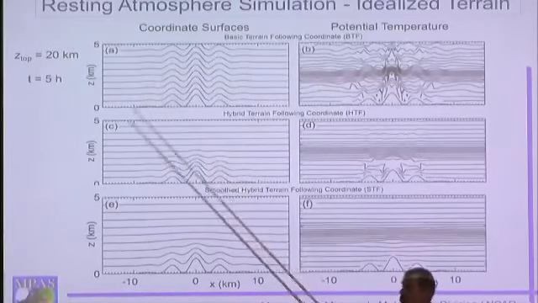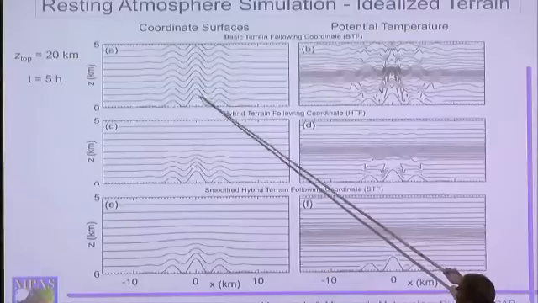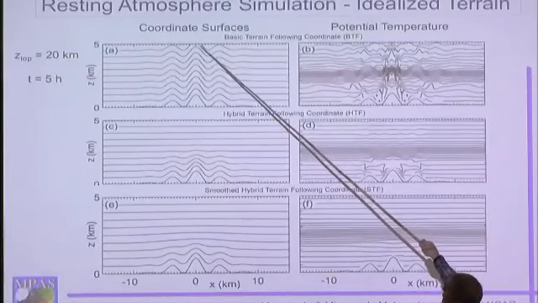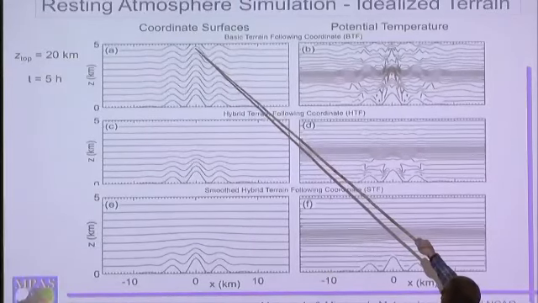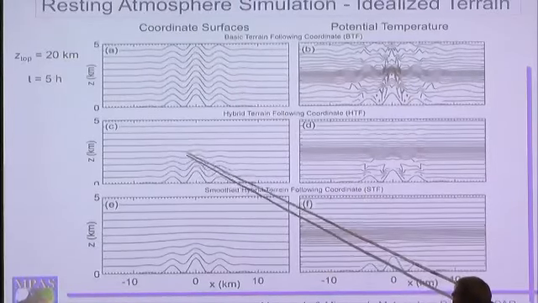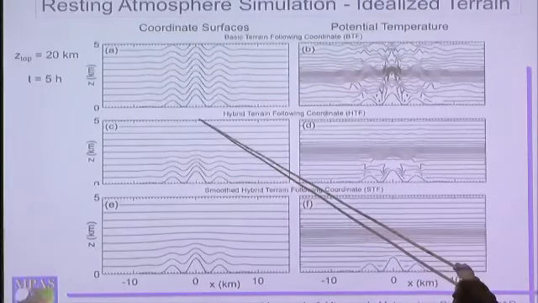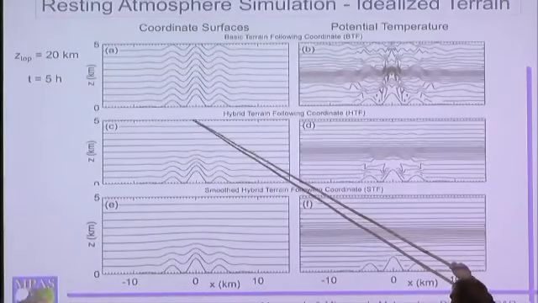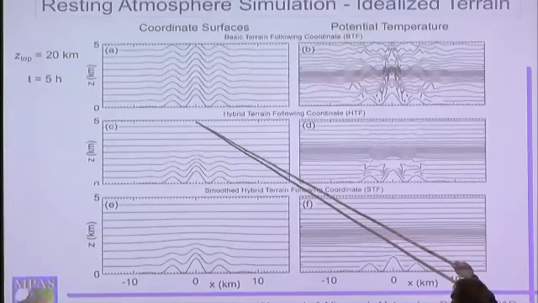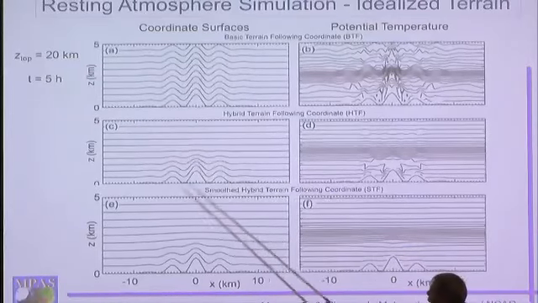So we're only seeing the lower quarter of the domain, and only a quarter of the terrain influence is removed here. This is the hybrid where it's being removed more aggressively, so that the terrain influence is essentially 0 by the time you get to 5.